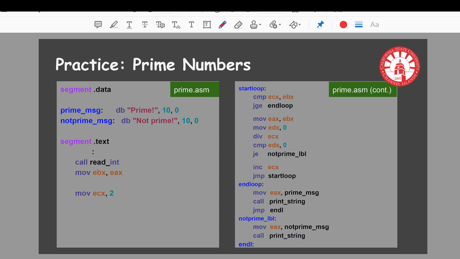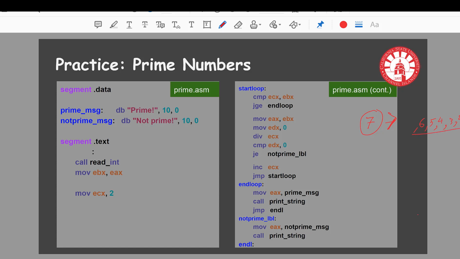Okay, let me give you a very simple example first. Consider the number 7. When we want to see whether 7 is prime or not, we start by dividing 7 by whatever numbers are less than 7. So we start dividing by 2, 3, 4, 5, 6, and that's it.